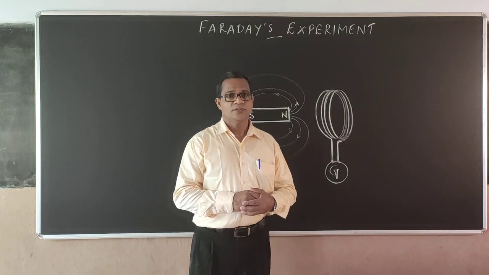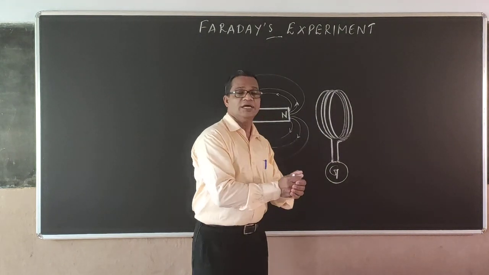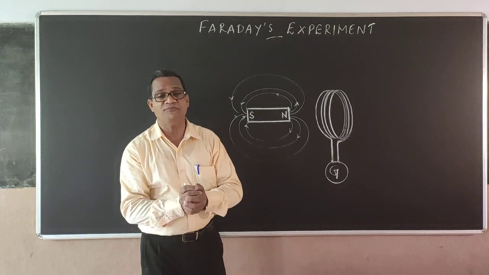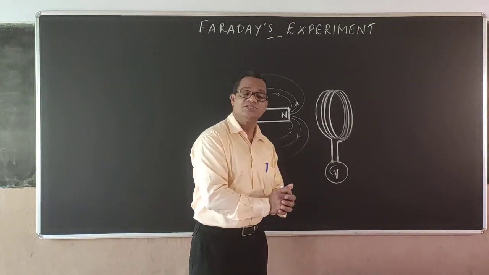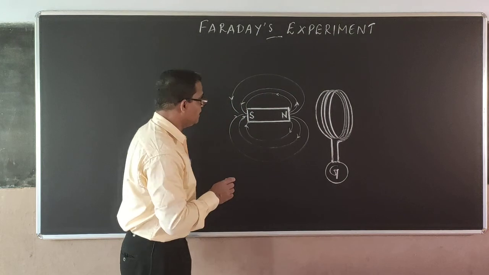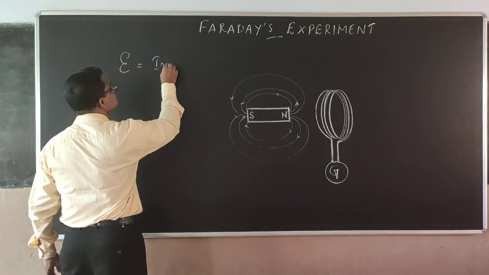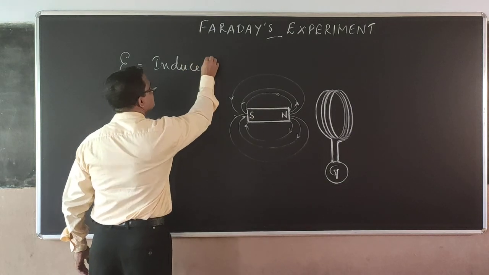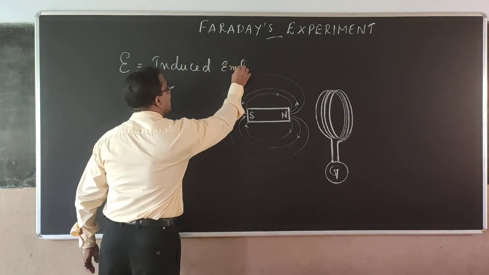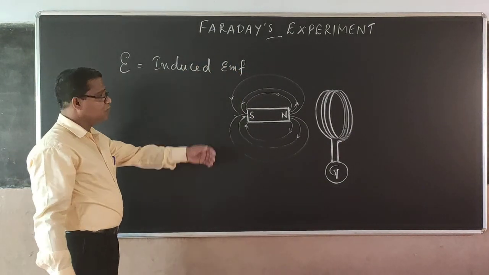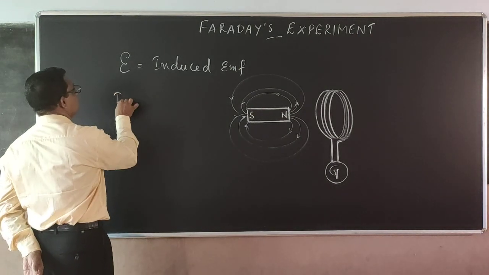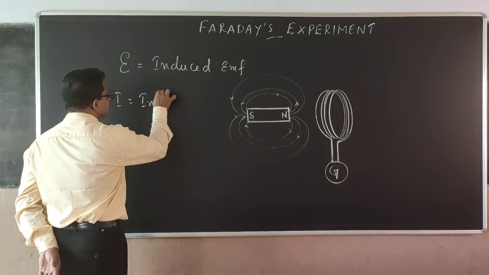So if a current is produced in the coil, that means there will be an EMF developed across the ends of the coil. That EMF we call the induced EMF, and the current so generated we call the induced current.